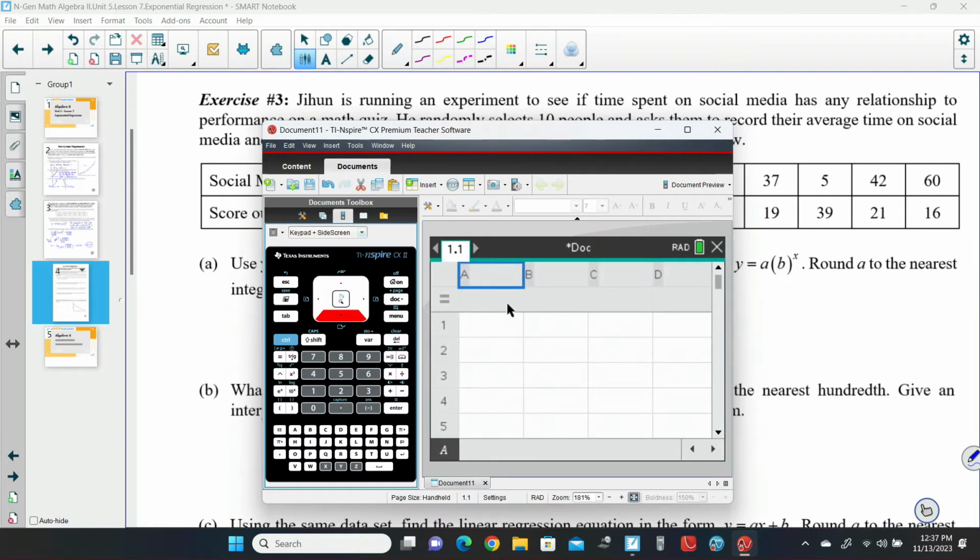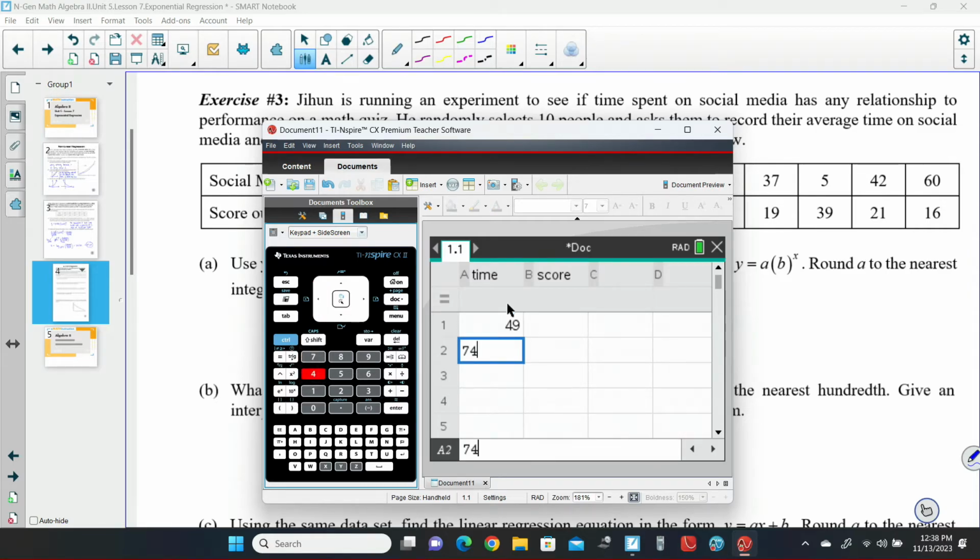Here, I want that to be time, I think. And then we'll go here and we'll maybe put in score. Apparently enter doesn't work there. Here we go, just real quick.